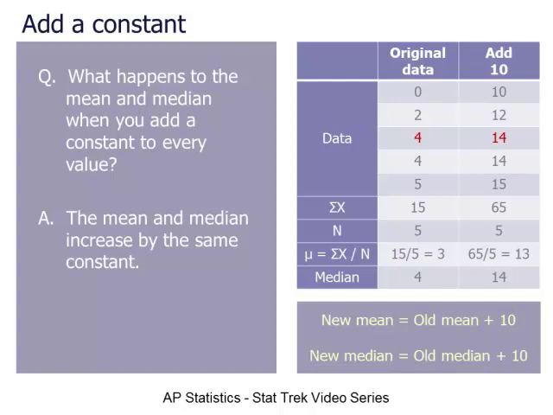And the new median is 14, which is equal to the old median 4 plus the constant 10. This example illustrates the following rule. When you add a constant to all of the values in a data set, you also add the constant to the mean and median of that data set.